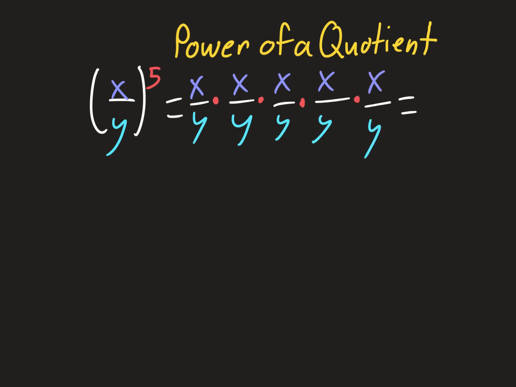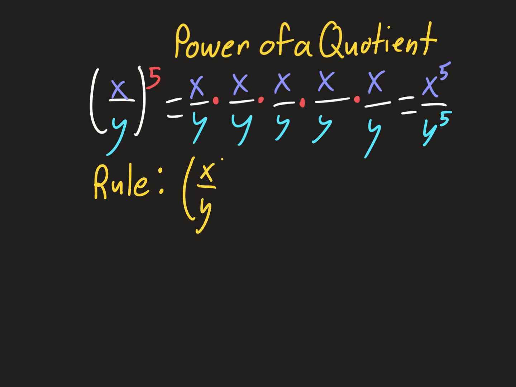Remember when we did fraction multiplication, we said we just multiply across. So x times x times x times x times x is x to the 5th, and y times y times y times y times y is y to the 5th. To do the power of a quotient, we took the numerator and raised it to the power of the exponent, and then we took the denominator and raised it to the power of the exponent.